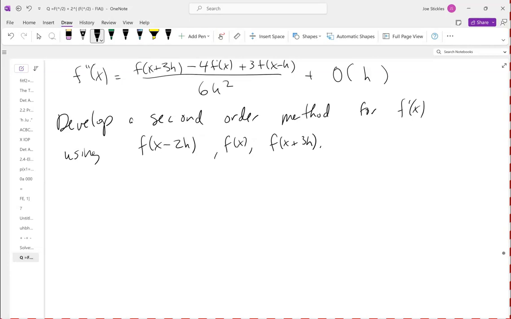So again, what do we start with? Again, your Taylor series, right? Probably just as easy to write out what f of x plus h looks like to start with.